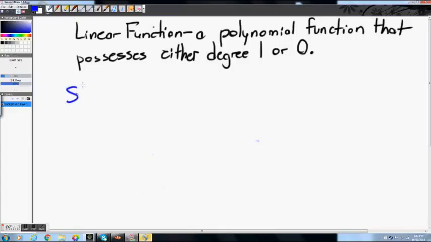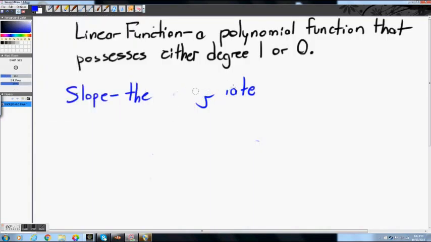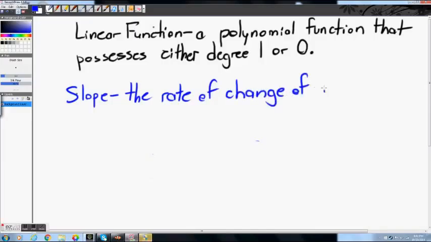Slope is, let's say, just the rate of change of a function at a point.